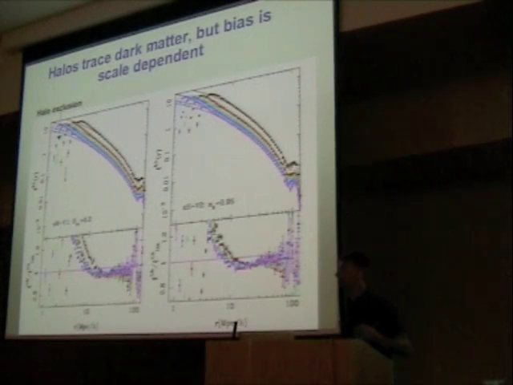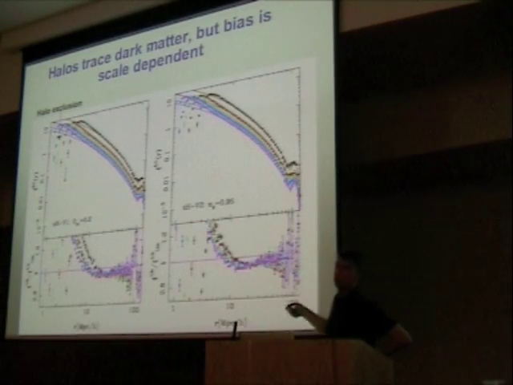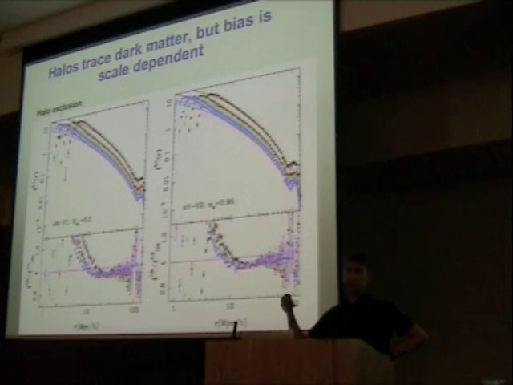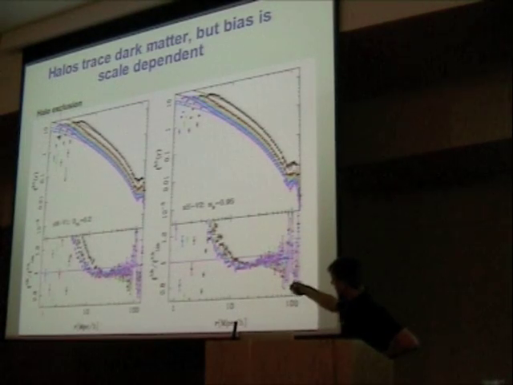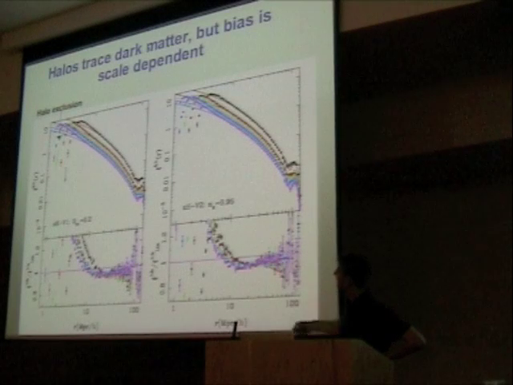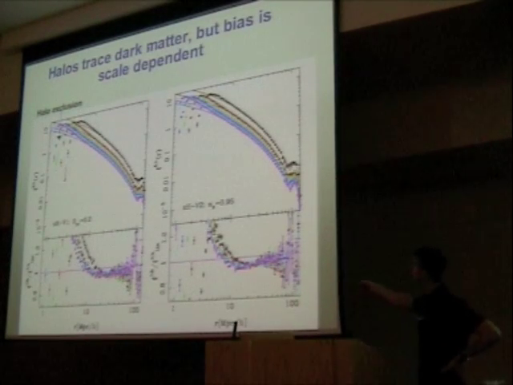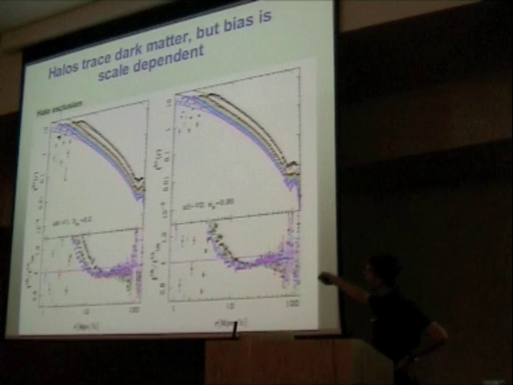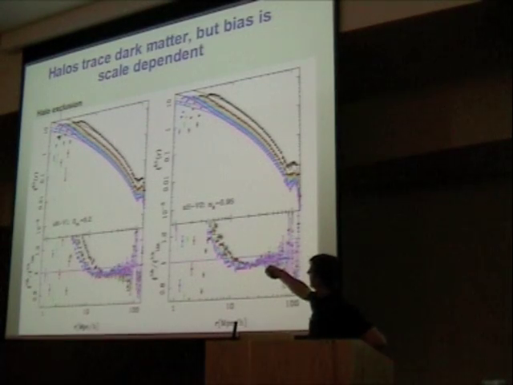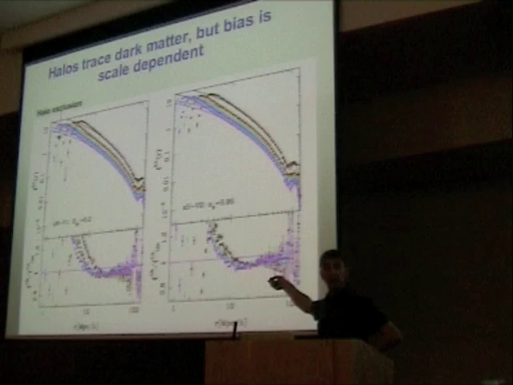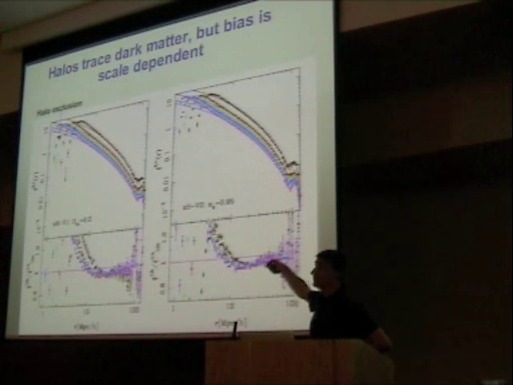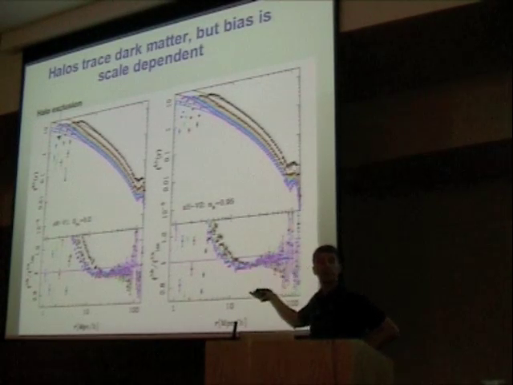So galaxies are a biased tracer of the dark matter, and we don't know what that bias is if we just look at the galaxy correlation function. This is shown here for various halos. This is a plot taken from some work we've done with Robert Smith, and these are just halos split by mass, and as you can see, the more massive halos are more strongly clustered.